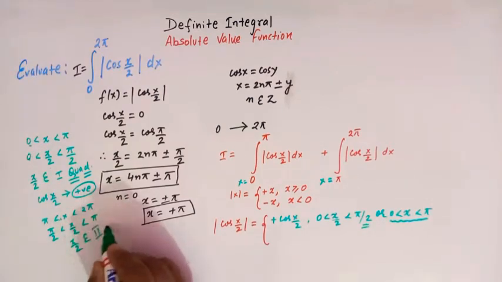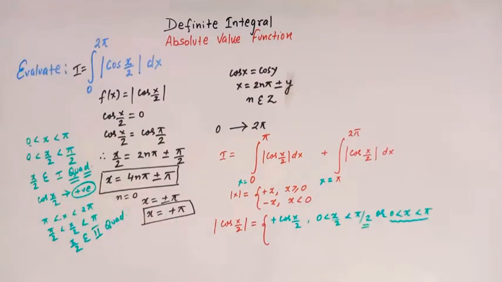It belongs to the second quadrant, and from the sign convention of trigonometric functions, we know that when the angle belongs to the second quadrant, then the cos function, here cos x by 2, is negative, right?